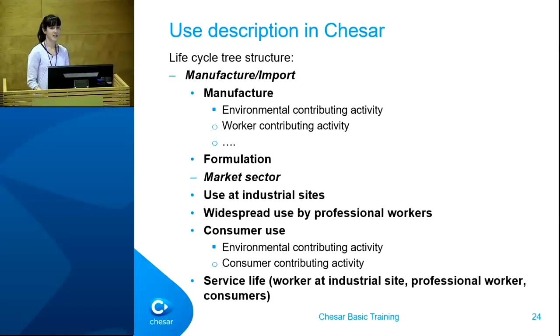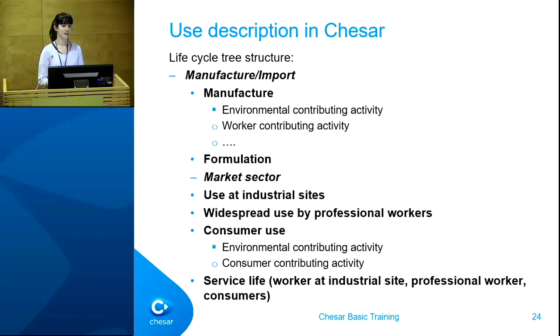In Chesar, the use description is done in a life cycle tree structure that has basically 4 main stages: manufacture, formulation, the different end uses, such as the use at industrial sites, the widespread use by professional workers, the consumer use, and also service life.